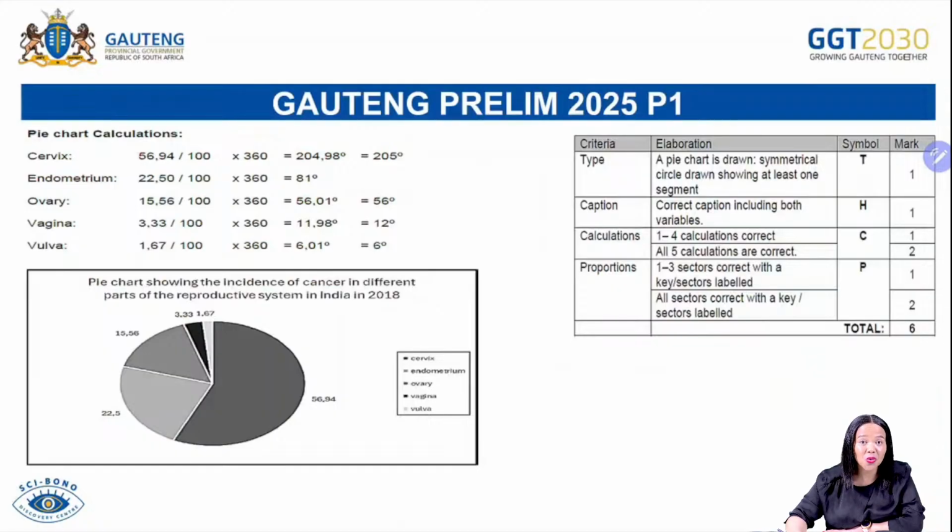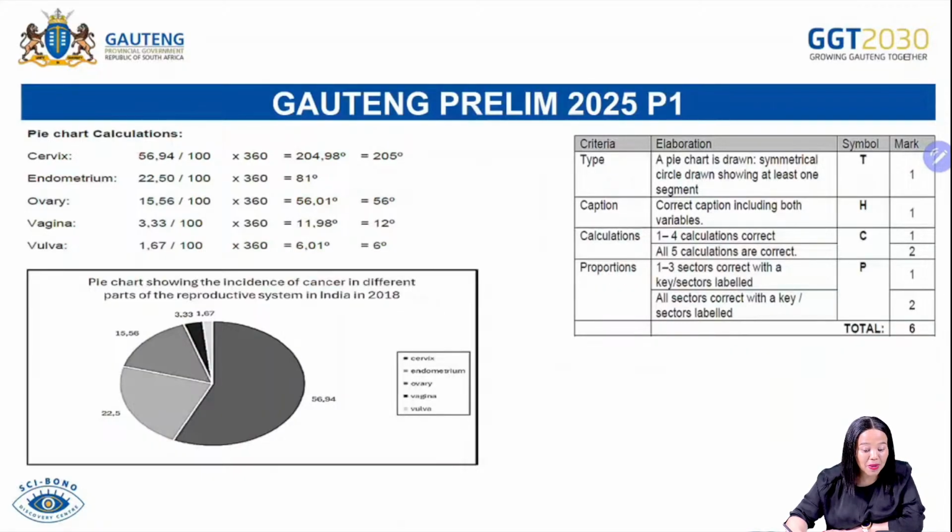You are also going to need a compass so that you can make a proper circular object or circumference. If you do not draw a circular circumference using a compass, you are going to forfeit a mark for the type of graph.